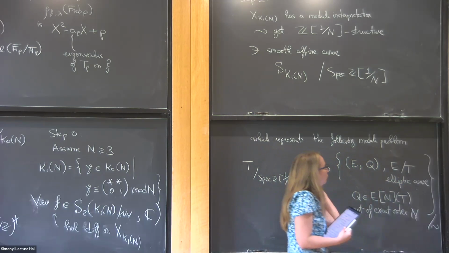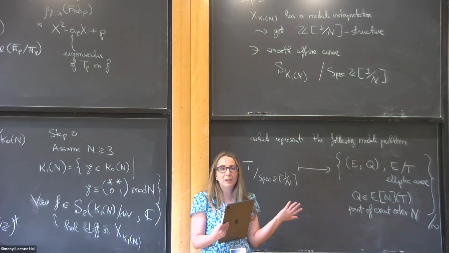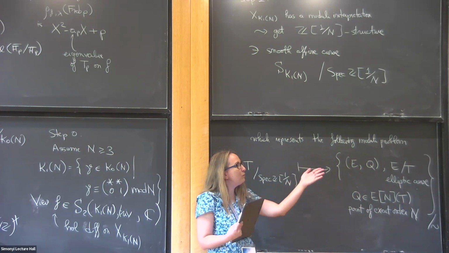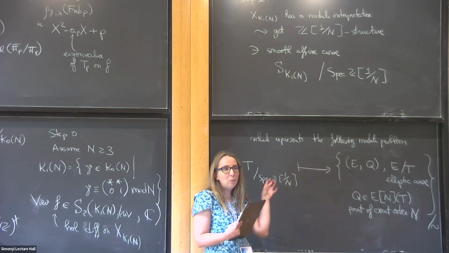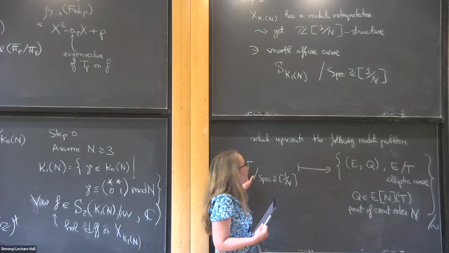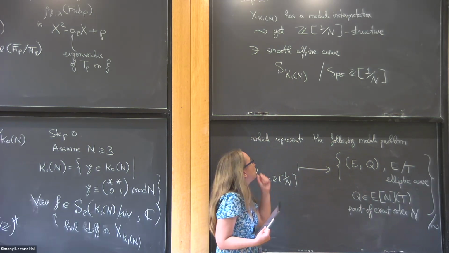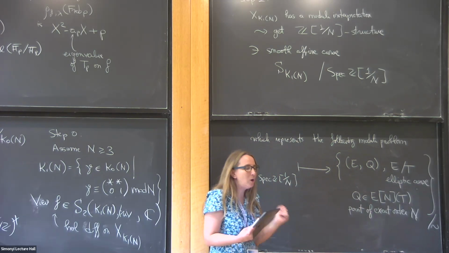So for an elliptic curve over this scheme T, you have to think every fiber is an elliptic curve. So there's kind of a universal family. Whenever you probe it with some other scheme, you pull back this universal family, and any family of elliptic curves over T corresponds to something that comes from the universal one.